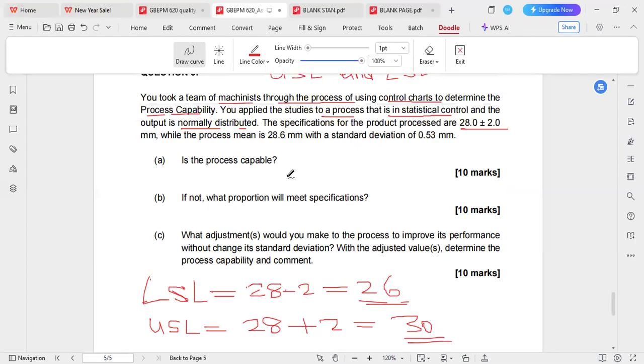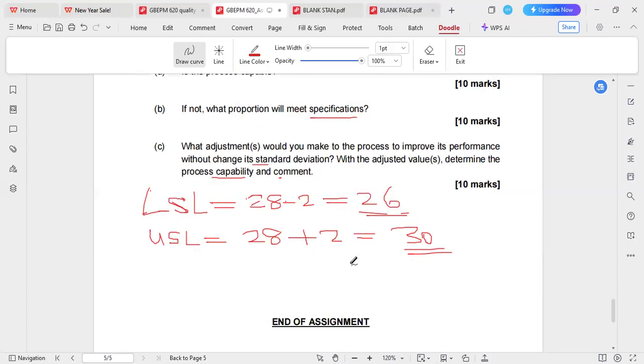Now, is the process capable? If not, what proportion will meet specifications? And of course, what adjustment would you make to the process to improve its performance without changing its standard deviation? With the adjusted value, determine the process capability and comment.